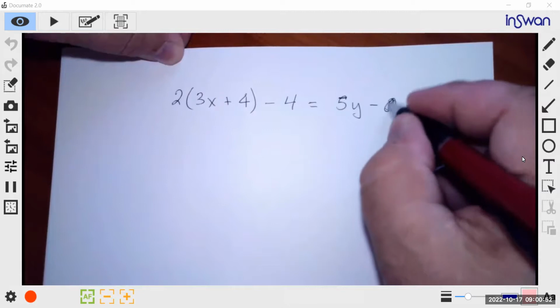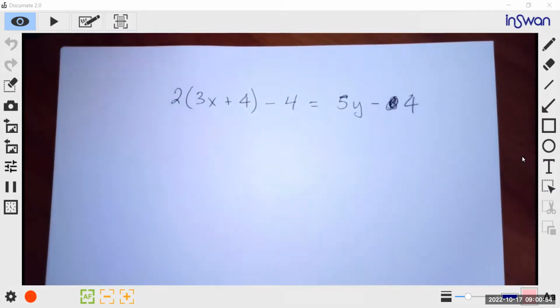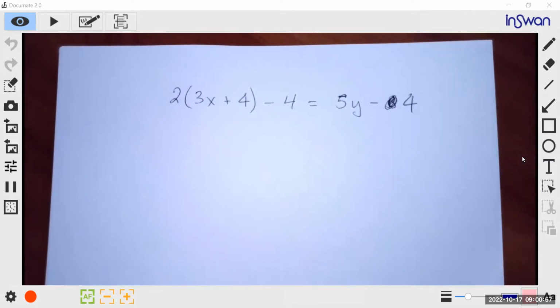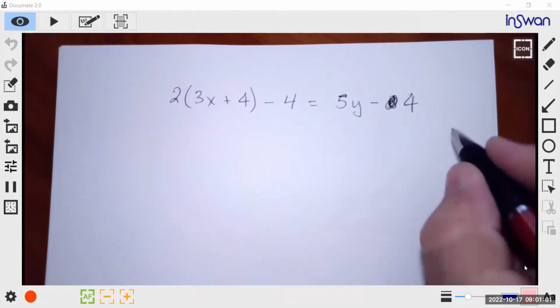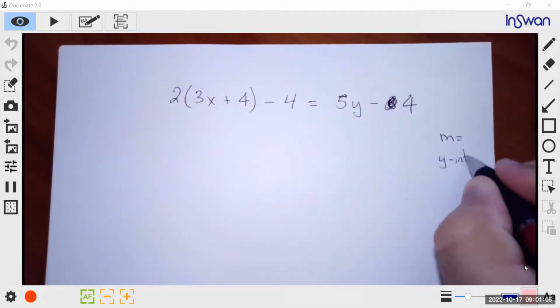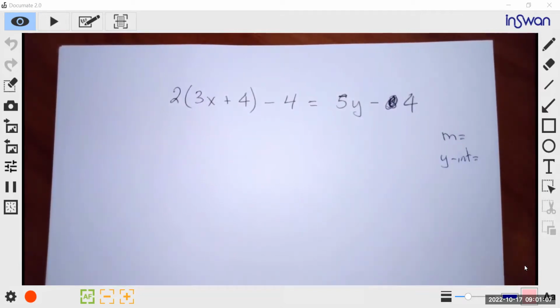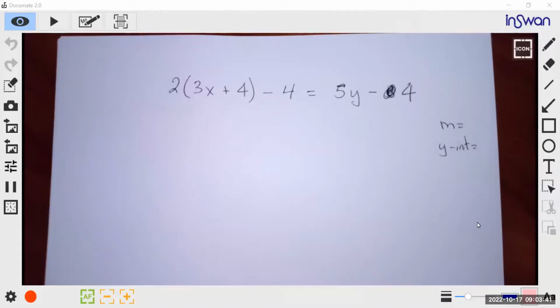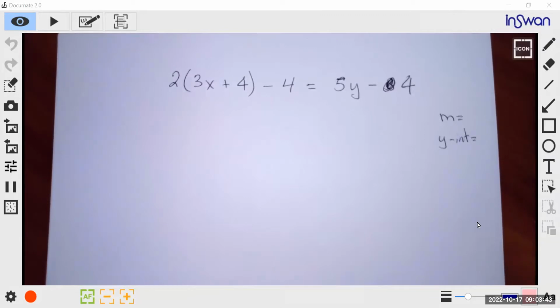Let's make it 4. 5y minus 4. Same thing. Find me the slope and the y-intercept. First step.